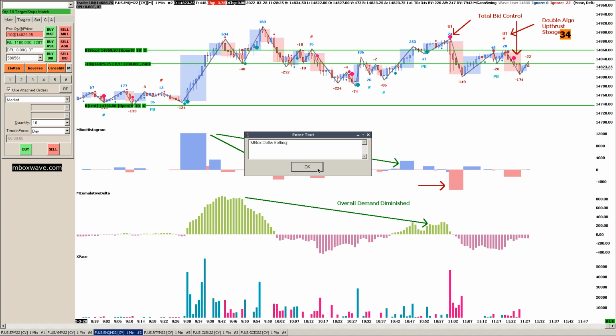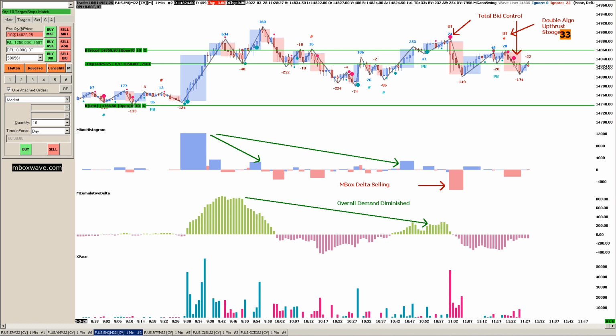I want to explain some of these new terms, or new ways that I'm going to be looking at the indicators, and I'm going to get into that, but I want to mark the chart first because I'm using the new algorithms for the precision delta and the XPace and XKontrol. There's a few different ways I'm using the terminology.